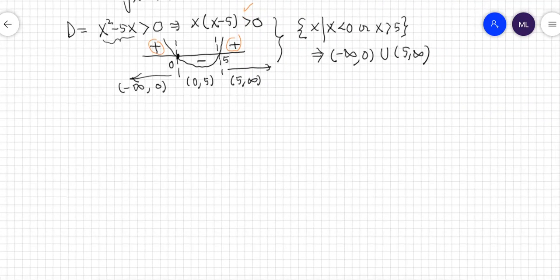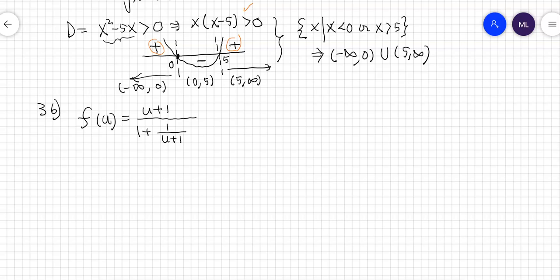And then 36. 36 is f of u is u plus 1 over 1 plus 1 over u plus 1. So now again, two conditions.